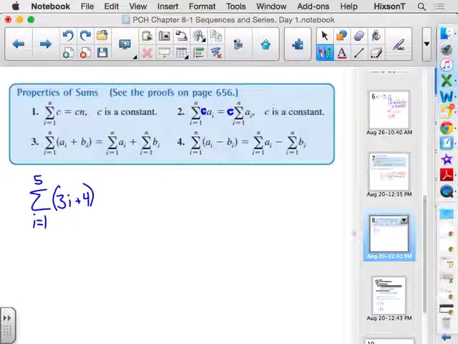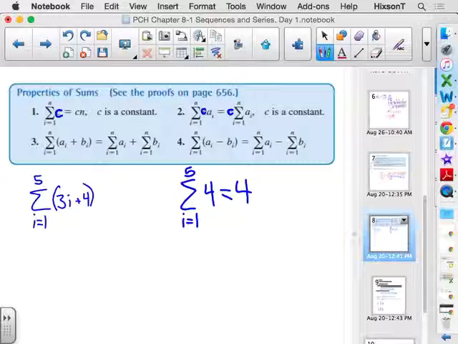Let's look back at this first one. Notice we have just a constant. The thing inside of our sum doesn't have the i involved. This would be doing something like the sum from i equals 1 to 5 of 4. So let me ask you, when i equals 1, what does this expression equal? 4.